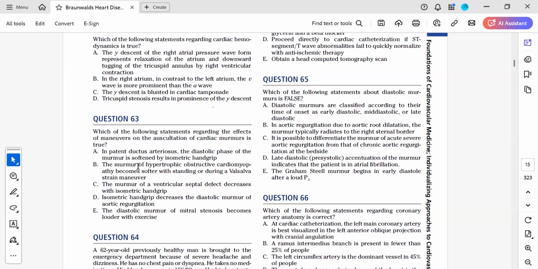Can you just quickly re-emphasize it, please? I can't hear you. Am I audible? Yes, I can hear now. Readdress the murmurs of aortic regurgitation based on the location where you hear it. I guess you compared it with aortic stenosis, right?